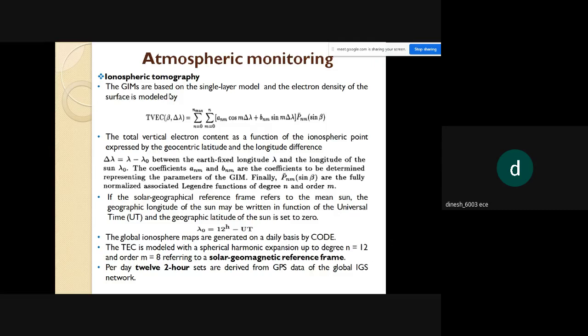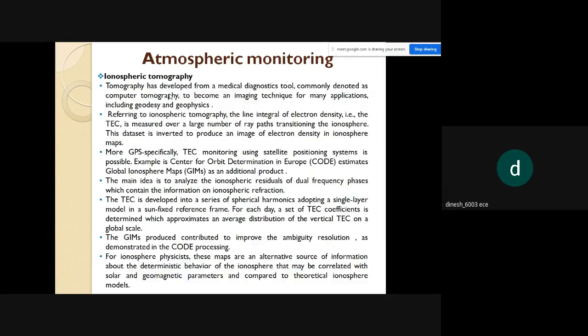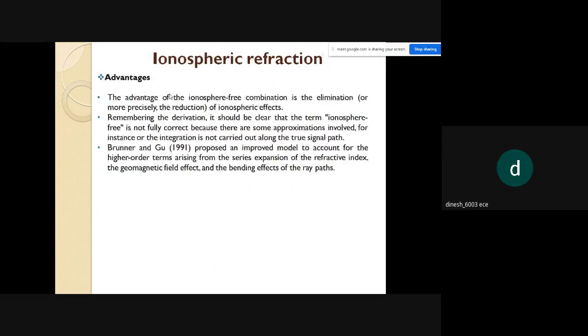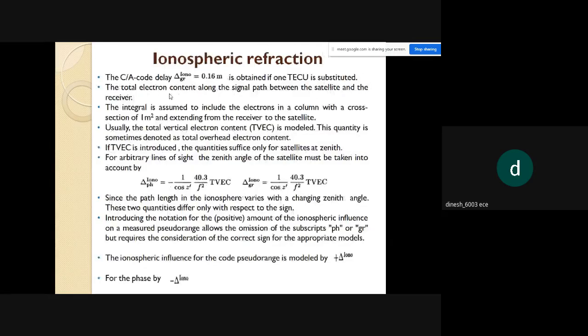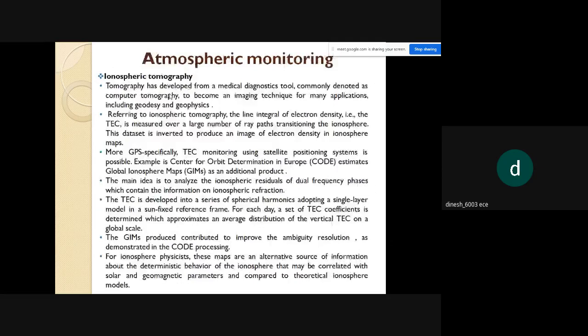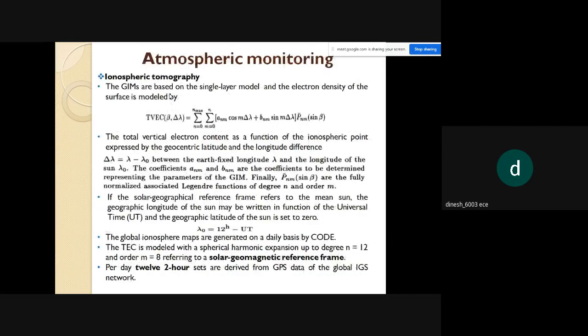So the TVEC model, the total vertical electron content model we are going to see, is a function of the ionospheric point expressed by geocentric latitude and longitude difference.